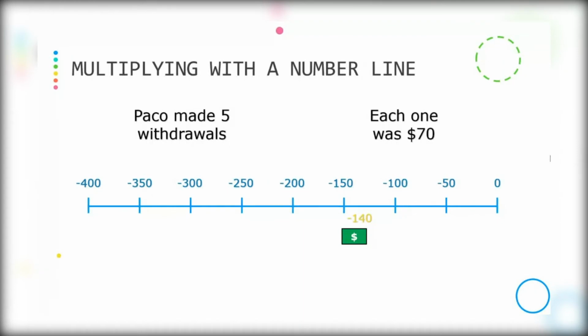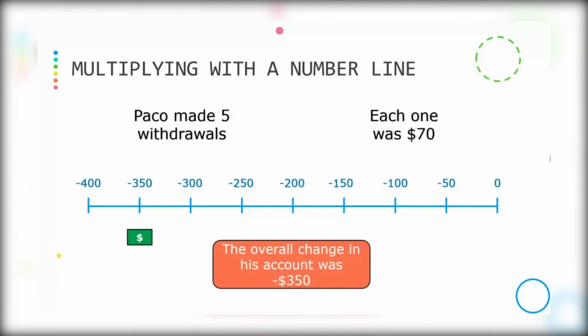If he does it for a third time, then the total will be negative $210. If he does another withdrawal, then it's going to be negative 280, and then the final withdrawal will be the same as negative 350.